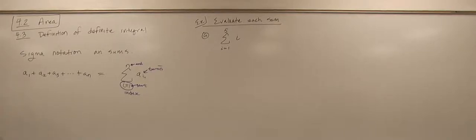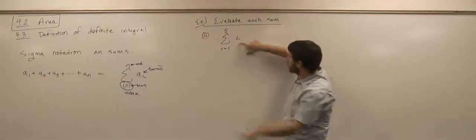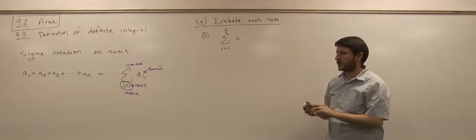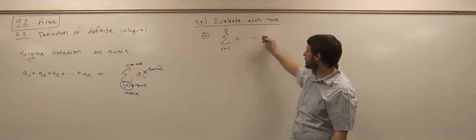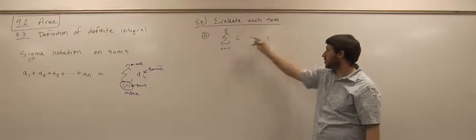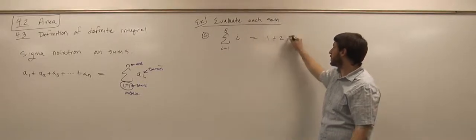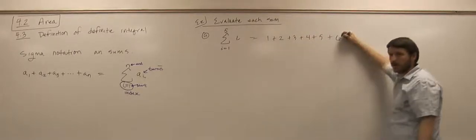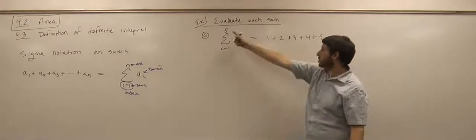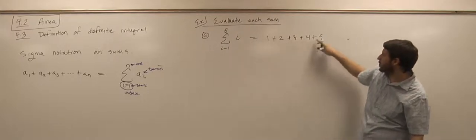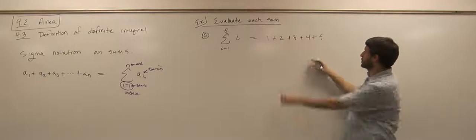So what do you think this means? Start from 1 and start plugging it into this formula. This is basically your formula for each term of the sum. So if you start from 1 and you plug 1 in here, it's just 1. Then move on to 2. Move on to 3. Move on to 4. Move on to 5. No, I should stop at 5. So this sum is telling me to add up 1, 2, 3, 4, and 5, which is 10 and 15.